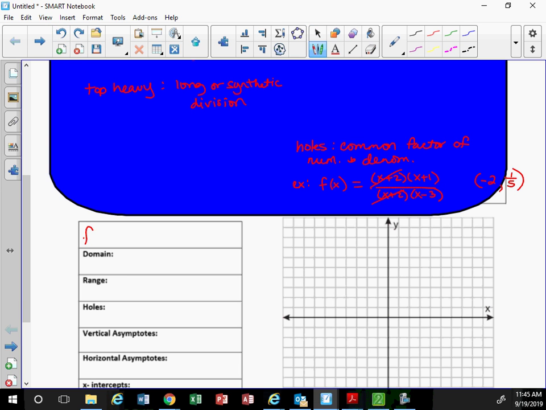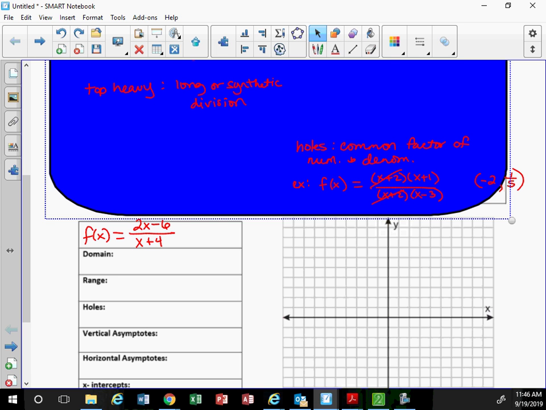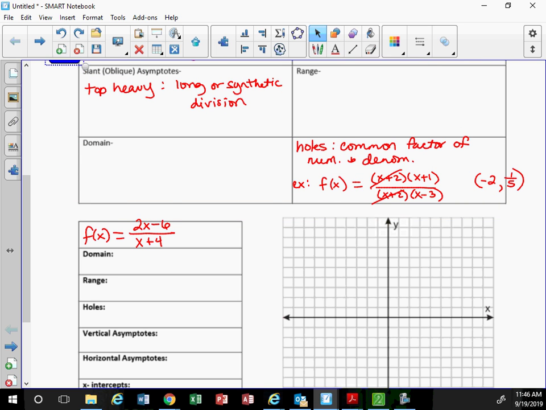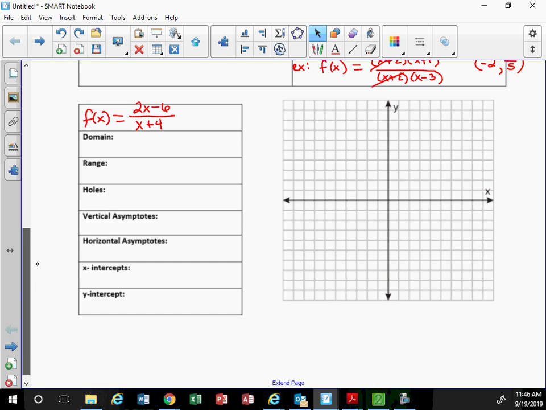All right, let's do f of x is 2x minus 6 over x plus 4. We're going to graph the whole thing before we look at domain and range.